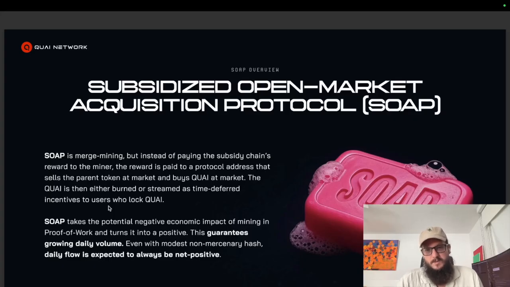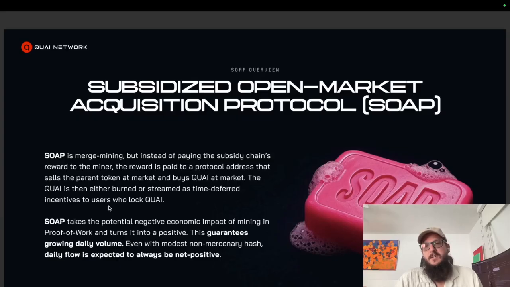Now the reward in the other token, if it's Bitcoin Cash or Dogecoin, basically goes, at least for now, to a foundation address, which they'll use to sell that token at market and then buy Quai at market. So effectively, for any given day, you're going to be buying as much Quai in market as you're emitting to the miners.